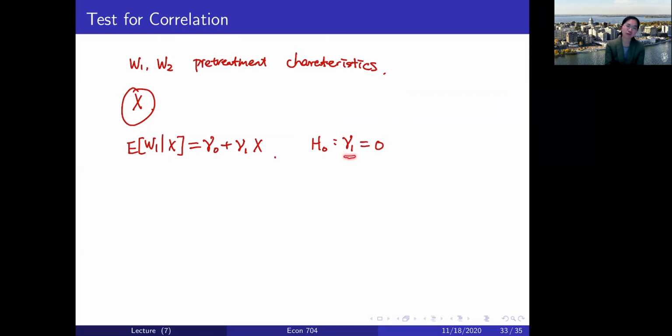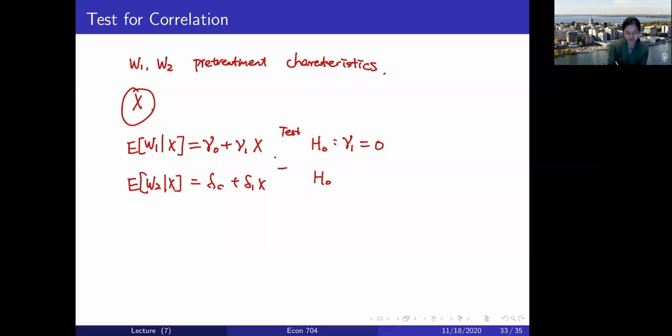If gamma 1 equals 0, that means there is no correlation between X and W1. And you can do the same thing for W2, say delta 0 plus delta 1 X, and test the null hypothesis. Test these two separately. How do you test gamma 1 equals 0? You can use the two-sided large sample t-test.